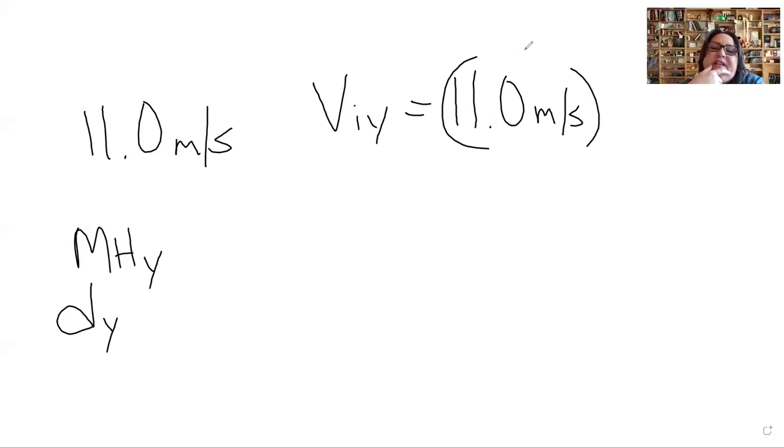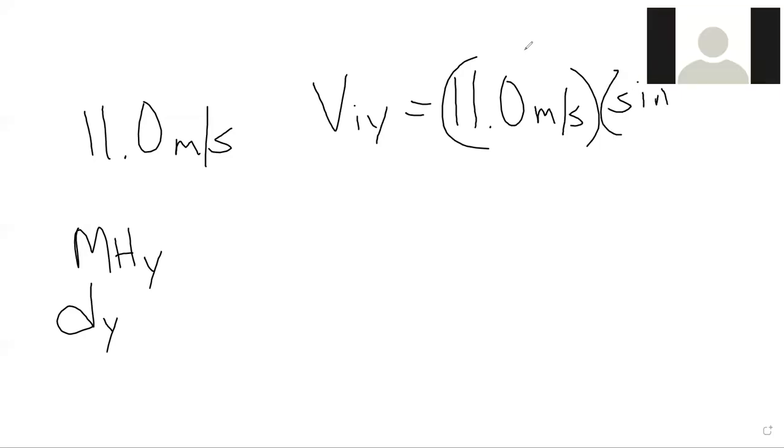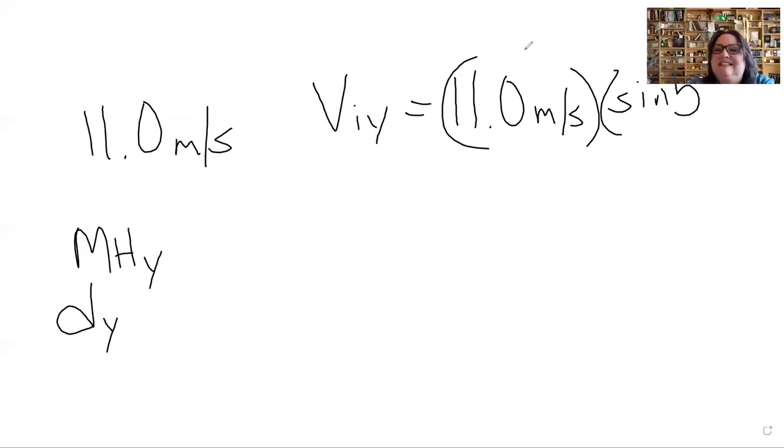All right, but it's on the y-axis. So would it be sine? Yep, sine of what? It's hard to see because it's off to the right, but I guess it'd be kind of 50. Yes. I didn't see that. That's okay. So that'll be your initial velocity on the y.